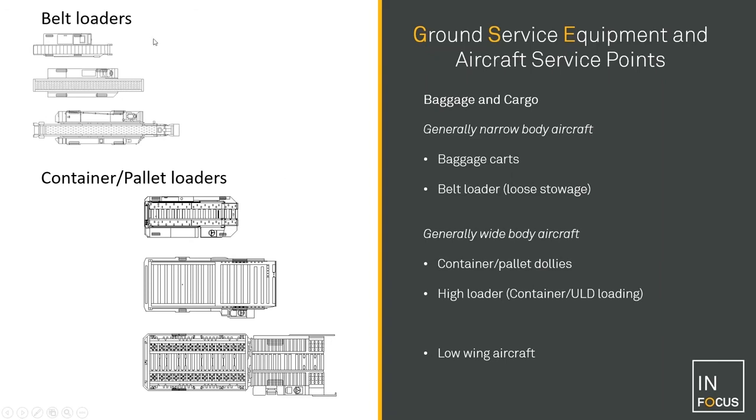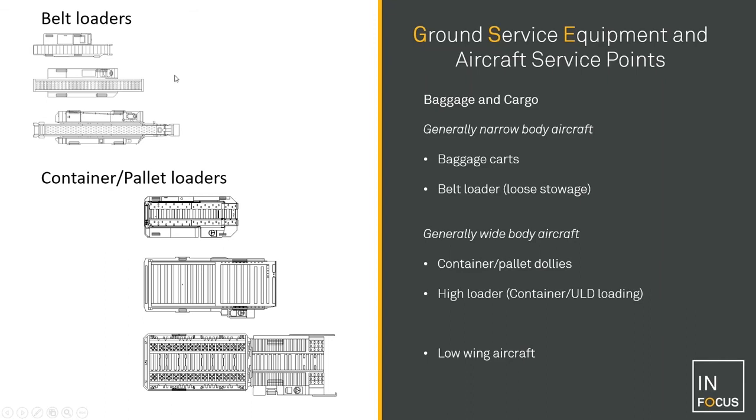As you'll see here, these are scaled objects in the box on the left, and you'll see belt loaders, which can be relatively small or quite long, especially some of these new long ones with bendy necks that move inside the aircraft. A little bit longer, depending on the type of operation you've got. What equipment does the operator have? This can make a big difference, and it's better to discover all of this while you're doing the planning and not once you've gone into operation.